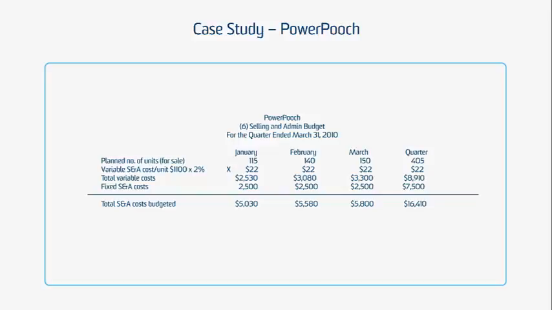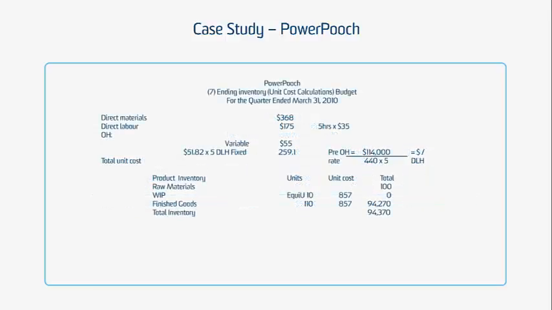So 1,100 is the selling price, times 2%, so that's $22 commission on each unit sold. That gives us our variable selling and admin costs. Add in the fixed selling and admin costs, things like depreciation on the office equipment, which is 2,500 from the question. Then variable plus fixed gives us total selling and admin budgeted costs.